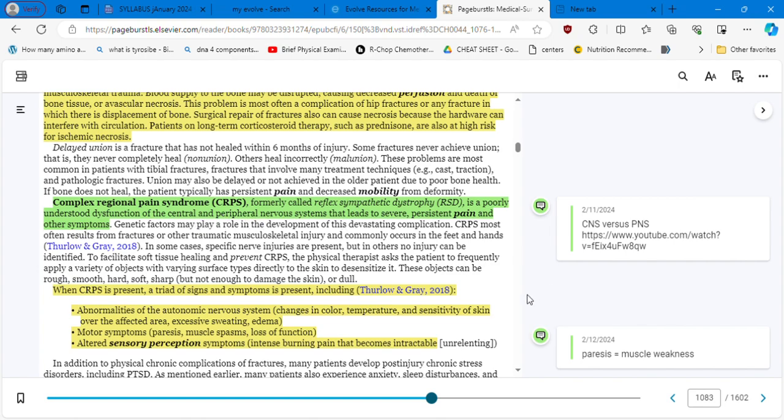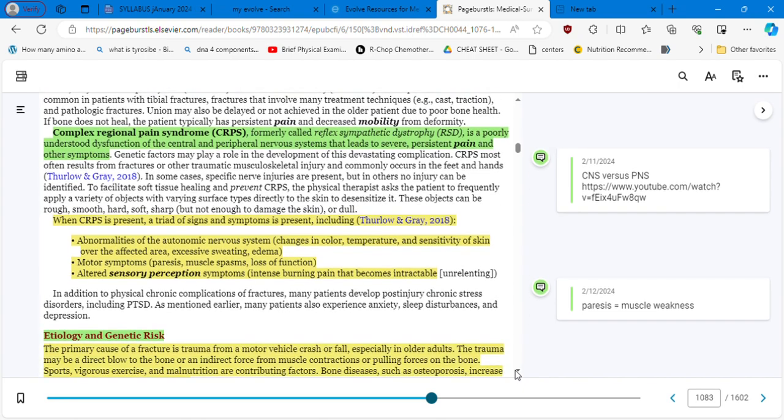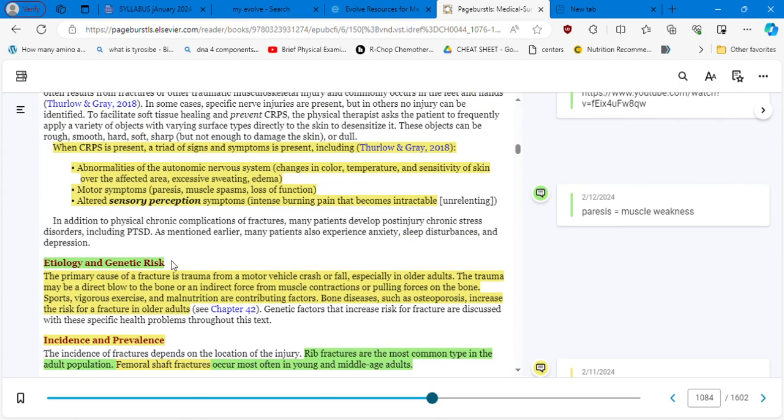So to what extent this condition is going to cause complex regional pain syndrome. I have provided again the link to the video that we reviewed during the nervous system segment in this semester. Let me drink some water. Okay, so you can find the video in the supplemental material and you can review it as necessary.